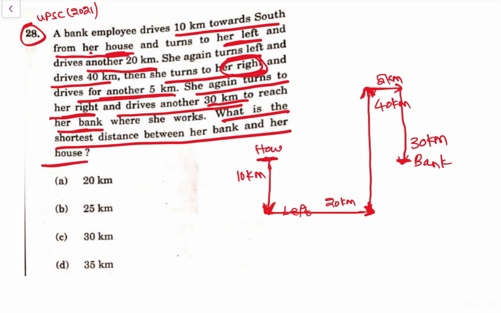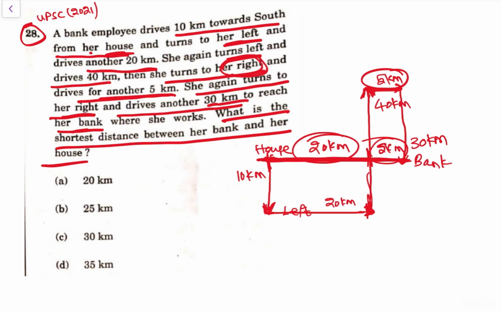Her house is here. The shortest distance is the straight line from here to here. From here to here is 20 kilometers, plus 5 kilometers from here to here, which is given here. So the answer is 20 plus 5, that is 25 kilometers. Very easy question.